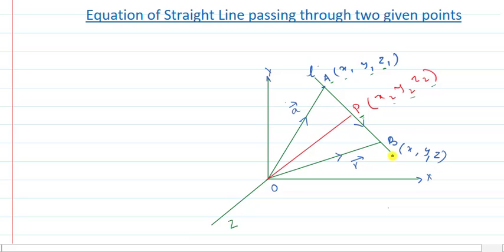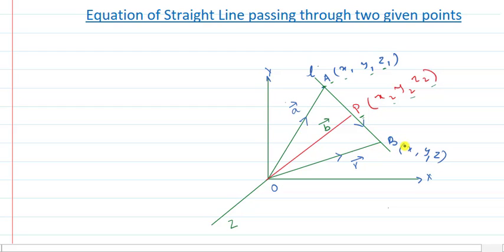A and P are the fixed points, whereas B is any point on the line having its coordinates as x, y, and z. Let vector A represent the position vector of point A, vector B represent the position vector of point P, and vector R represent the position vector of point B.